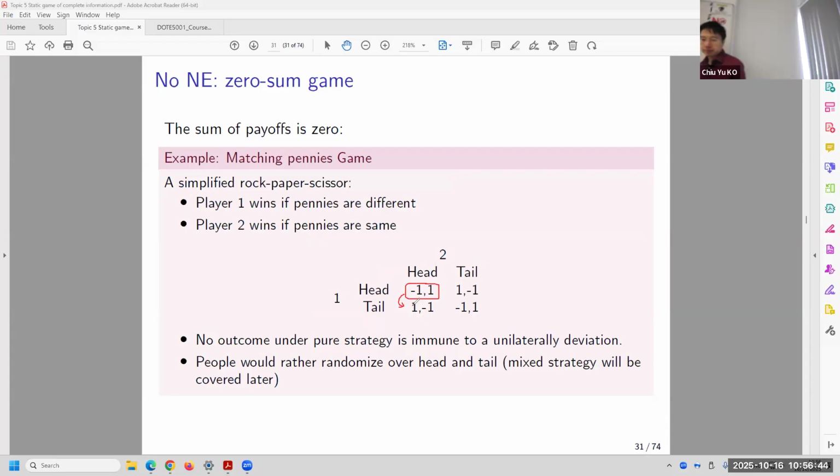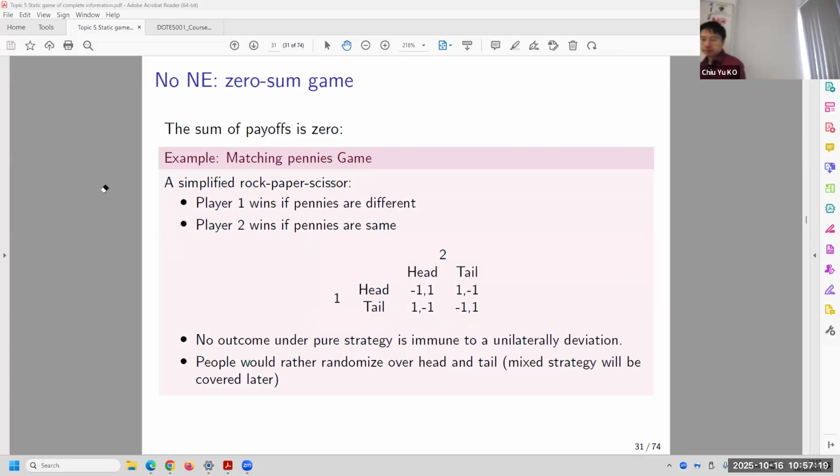So this is not a Nash equilibrium because player one is losing money. Player one actually wants different, right? So he would want to deviate. And look at the other case. If tail and head, player one is winning, but player two says, no, let me change if I can change. So there's no Nash equilibrium in this outcome.